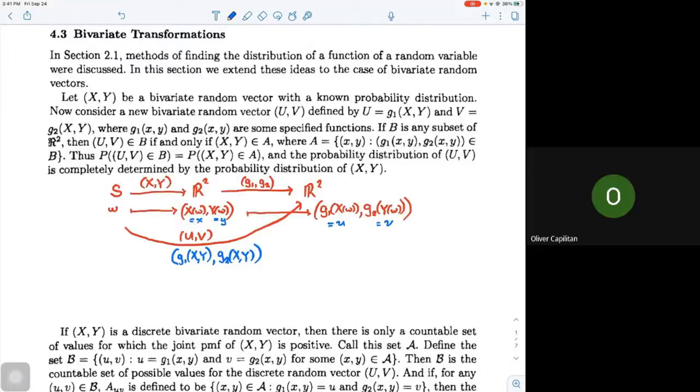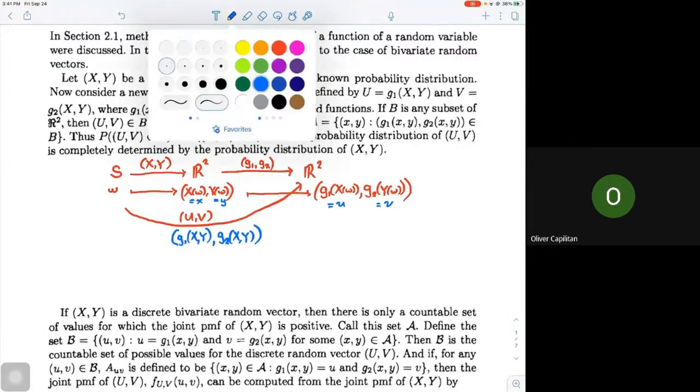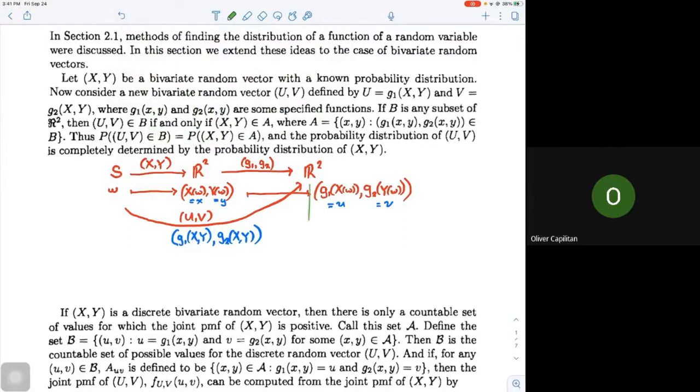So if we have a subset B of R square here, ito, meron siyang subset. This is a subset of R square. And then here, we have also a subset of R square.